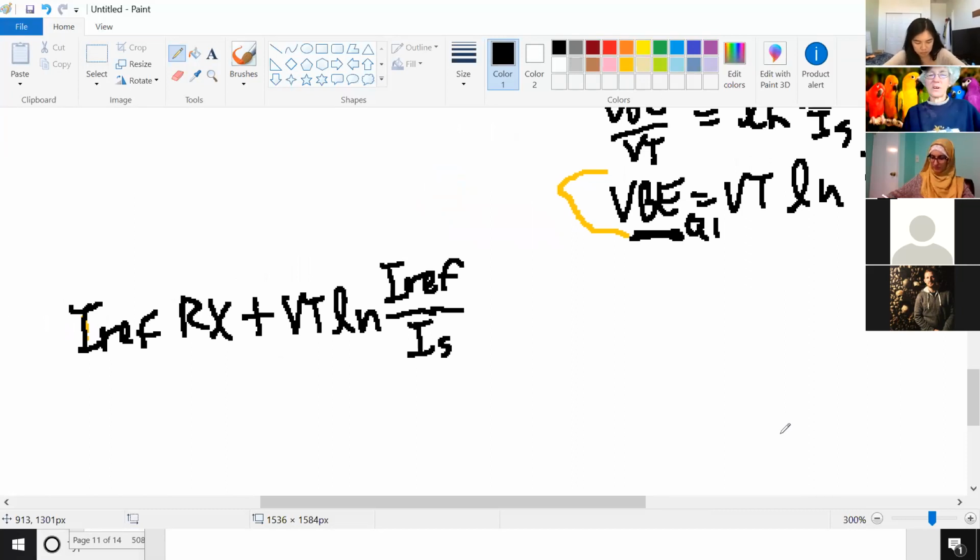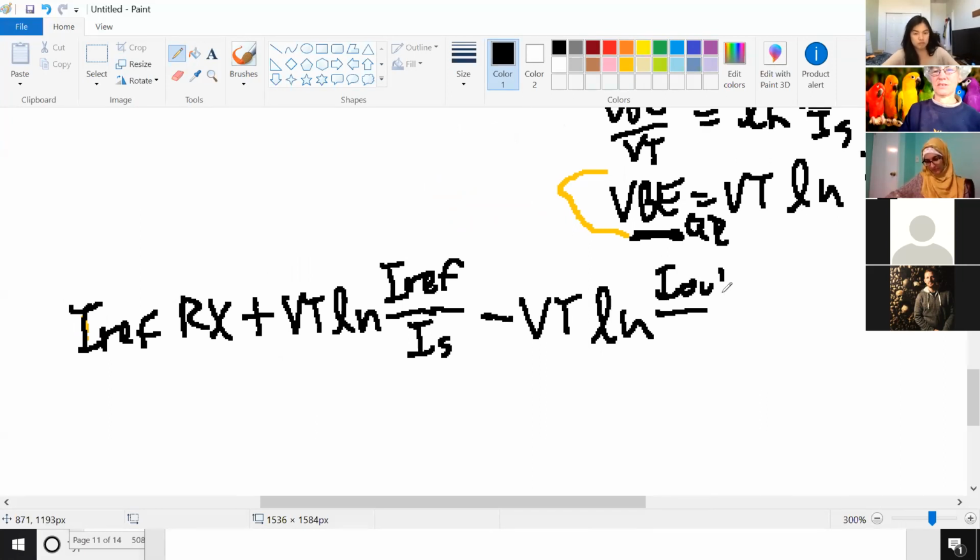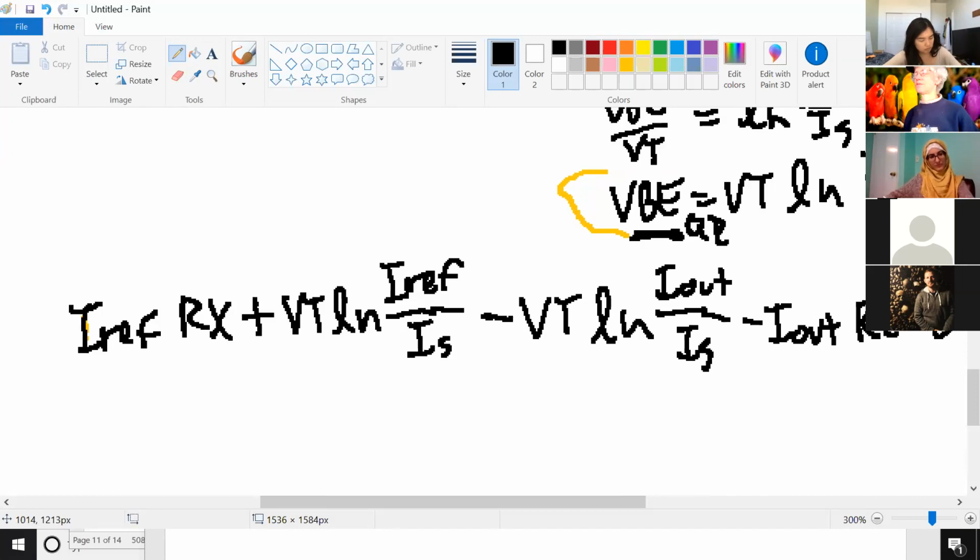So you have to use the more exact VBE equation. So minus VBE Q2. It's also VT natural log. And what's the collector current there? I out. I out over IS, and then minus I out R2 all equals 0.